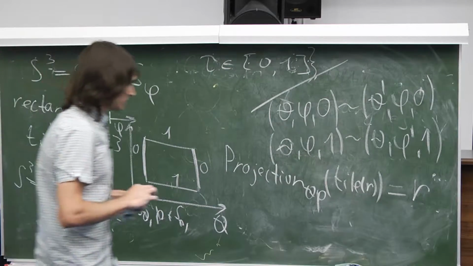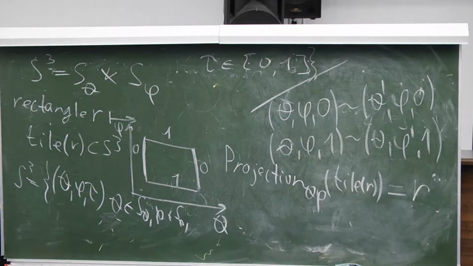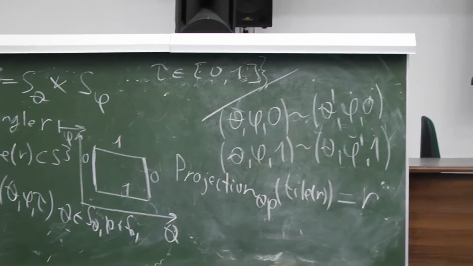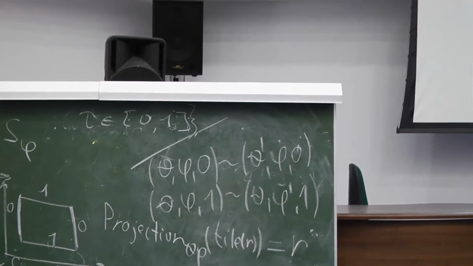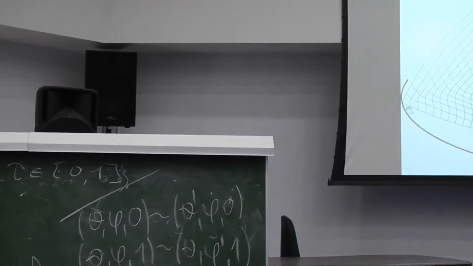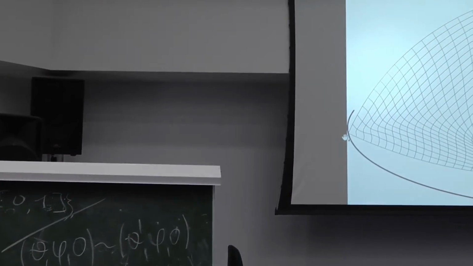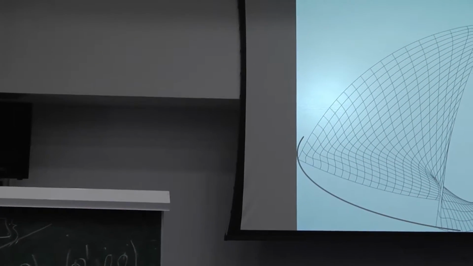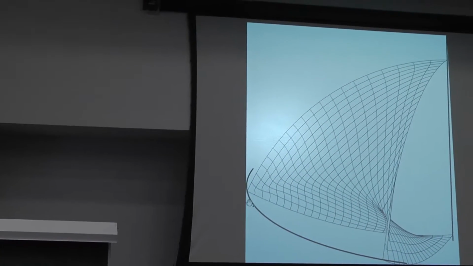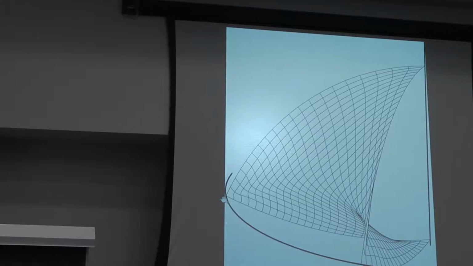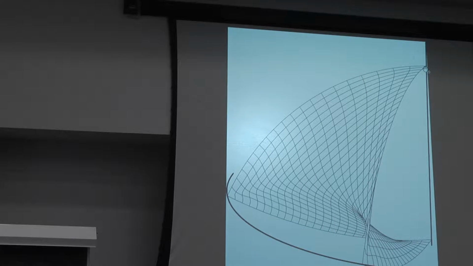Also, our tile has vertices on the circles of the join. The tile is perpendicular to the circles. You see here, the tile is perpendicular. And when you move from one vertex to another, the tile rotates somehow.